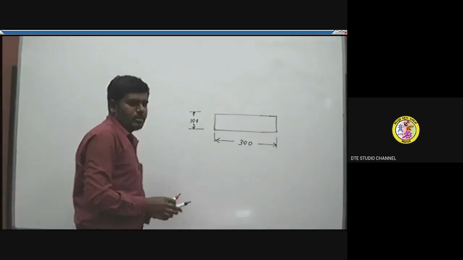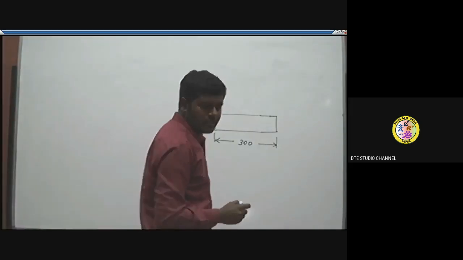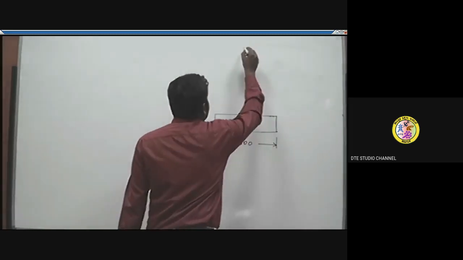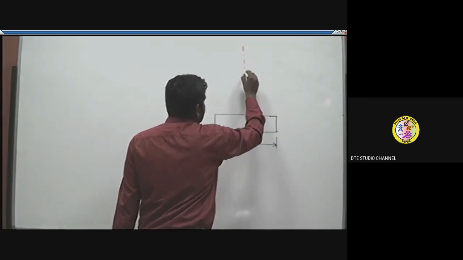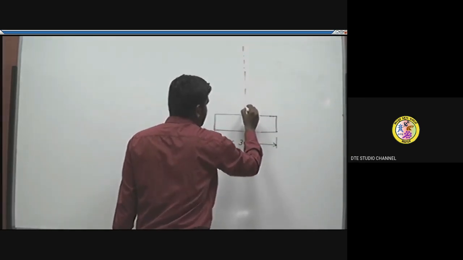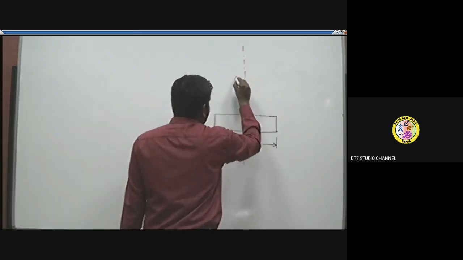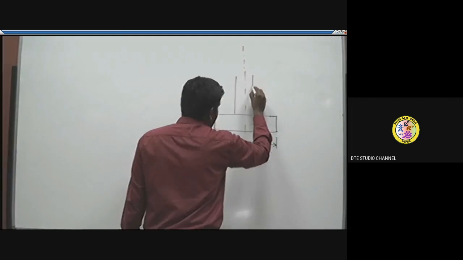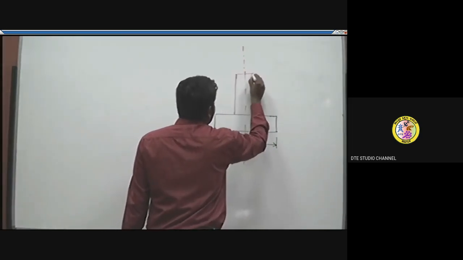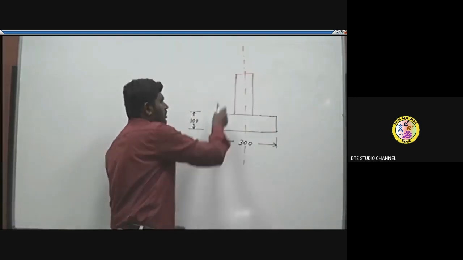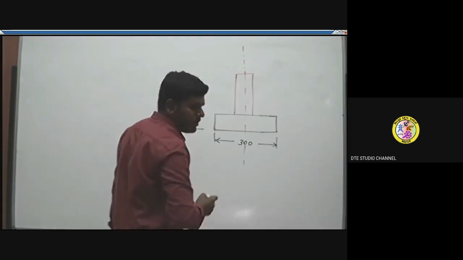Next, for the web dimensions they have given 300 by 50. Let's draw an axis to the midpoint of this rectangle. I'm going to draw the web here. The dimensions are given: the height is 300 and the breadth is 50 mm.